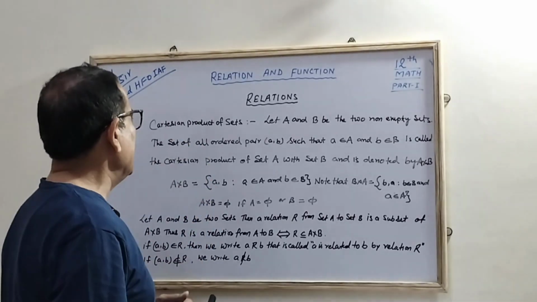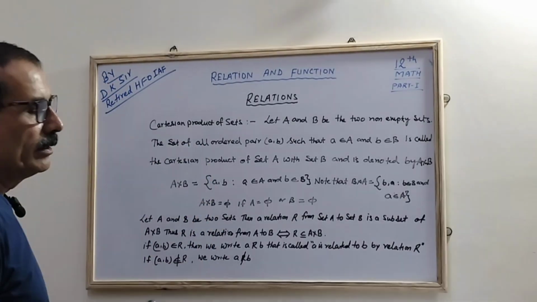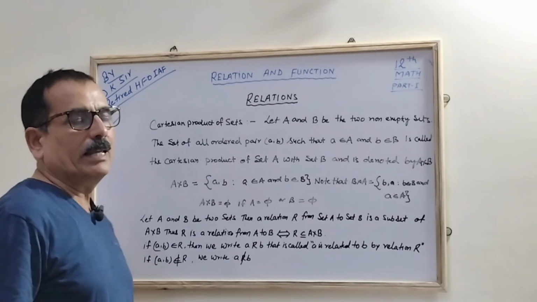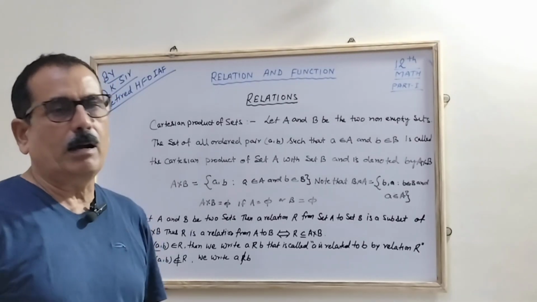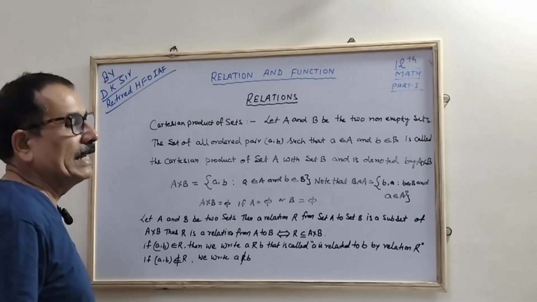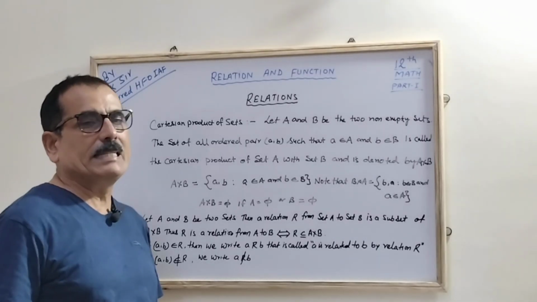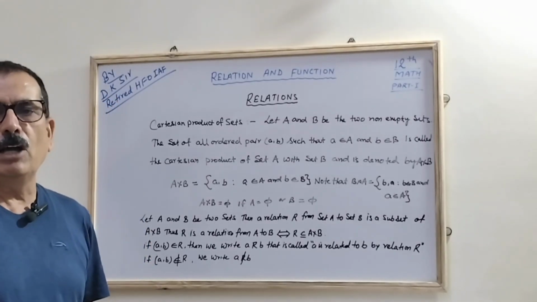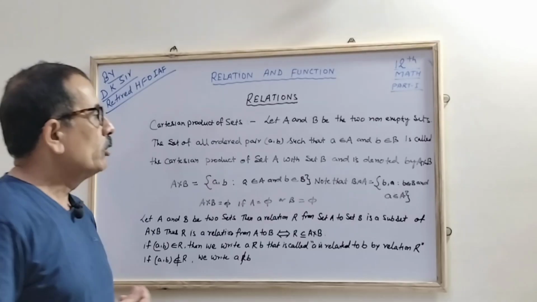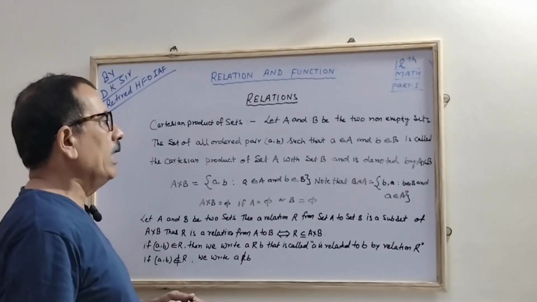The first is relation. Before going to relations, we should understand the Cartesian product of sets. Let A and B be two non-empty sets. I think you are well familiar with non-empty sets.